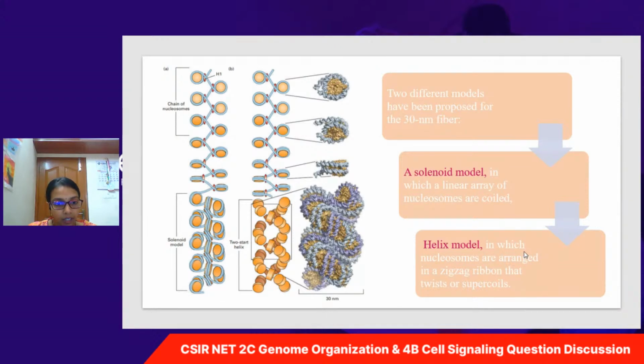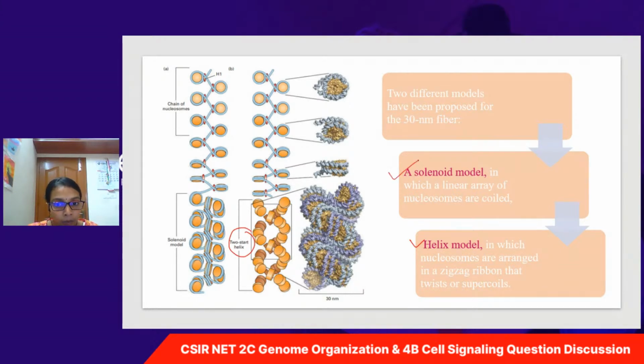Then I had asked you about the two-start helix. So two different models were proposed in order to understand the 30 nanometer fiber. One was the solenoid model and the other one is the helical model. This helical model is known as the two-start helix. Now what does it say?